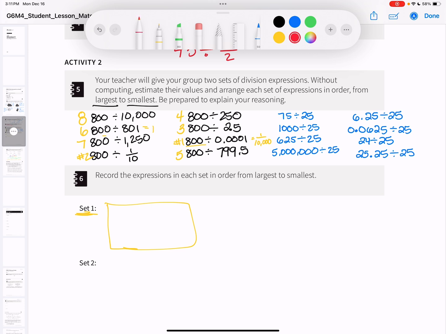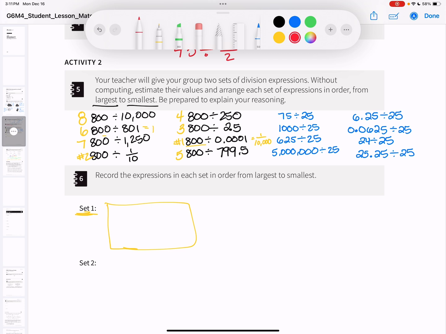Now, if you notice, all of our divisors are 25. So our wholes are changing, so our dividends are changing, but our divisors are staying the same.